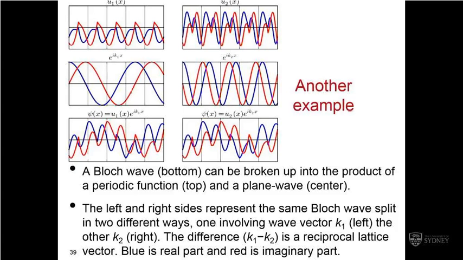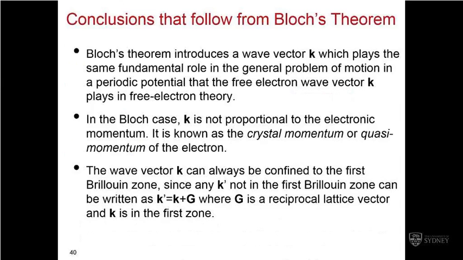So what follows from this? The wave vector k, when you have this periodic system, can be thought of like the wave vector for your free electron. However, it's not exactly the same, and it's not exactly electron momentum. It's called crystal momentum, or quasi-momentum of the electron.